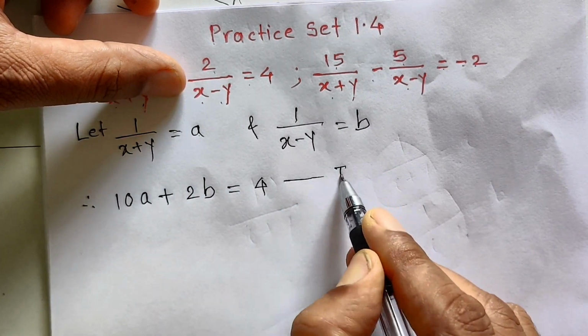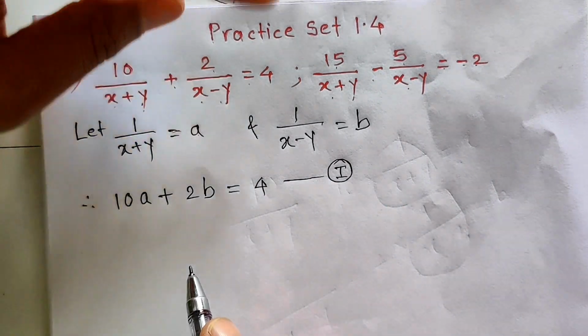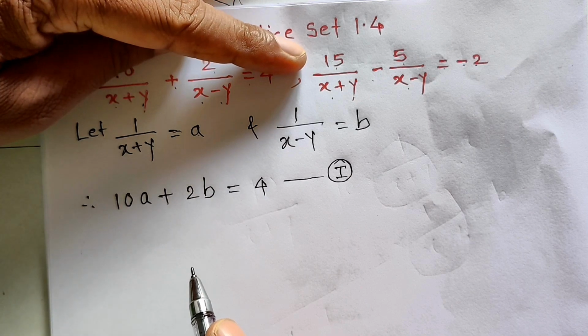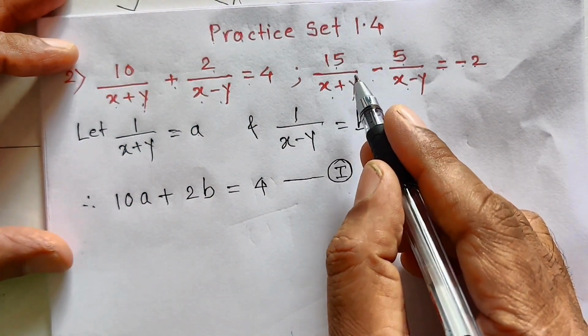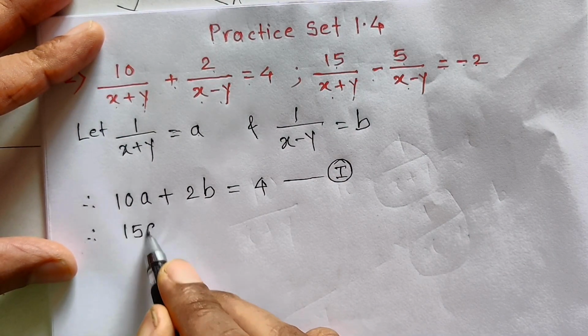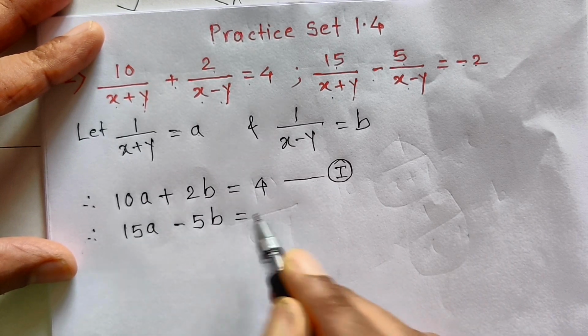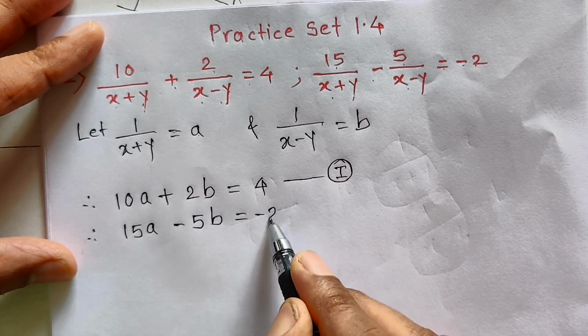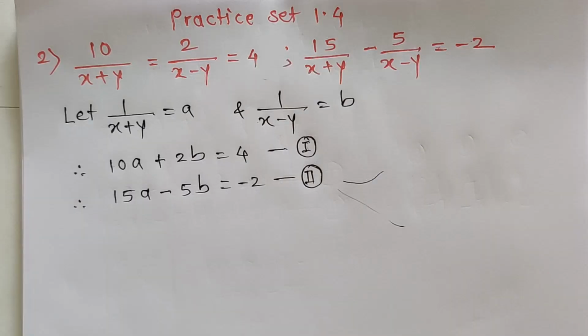We get equation number 1. Is it clear? Now similarly we have to write this second equation in the form of a and b. So 15a minus 5b is equal to minus 2. This is equation number 2.